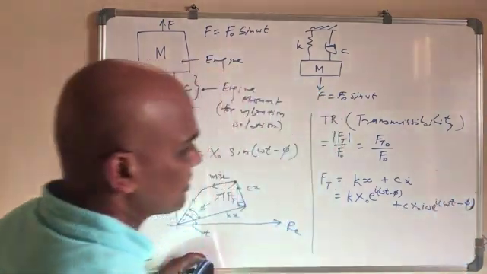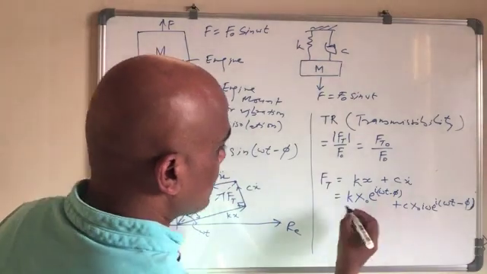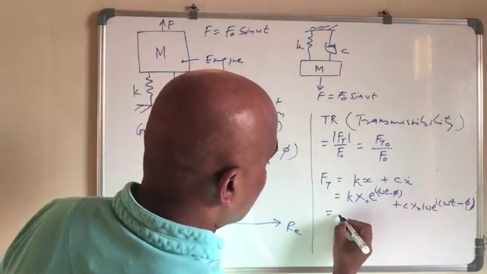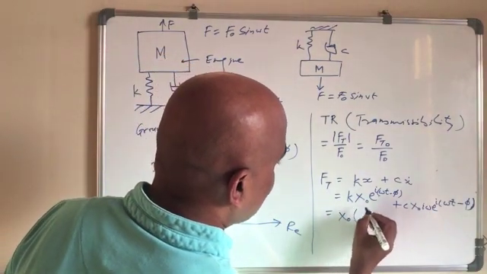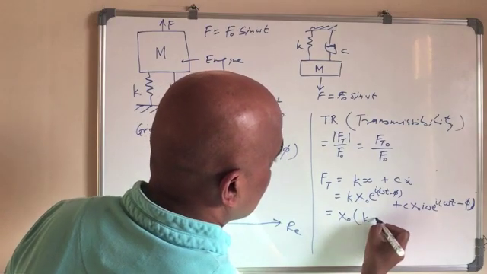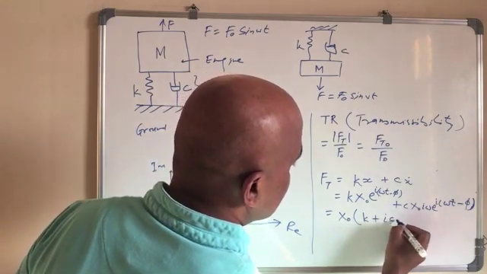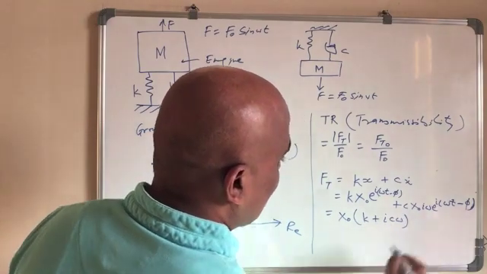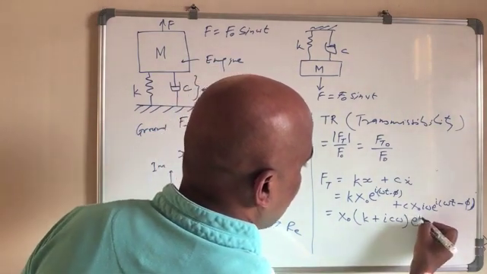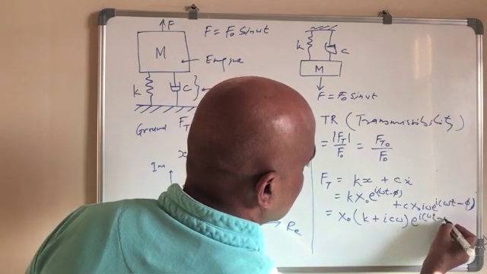So like this. What do we have? We have x naught, and then k plus i c omega, and then e to the power i omega t minus phi.